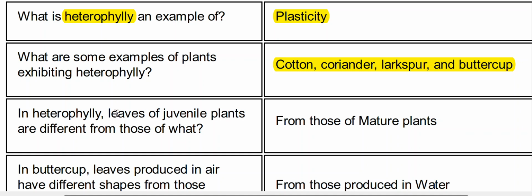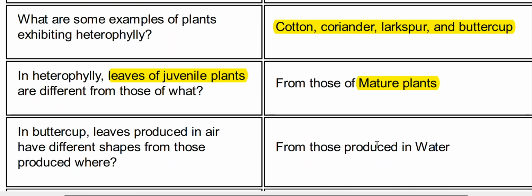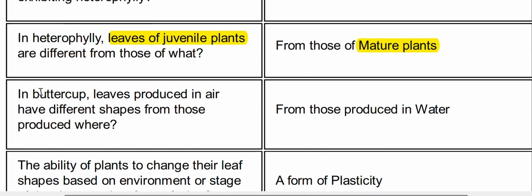That means leaves of a juvenile plant differ from those of a mature plant. Juvenile and mature plant leaves are different. That is heterophylly. In buttercup, leaves developed in air are different from leaves developed in water.